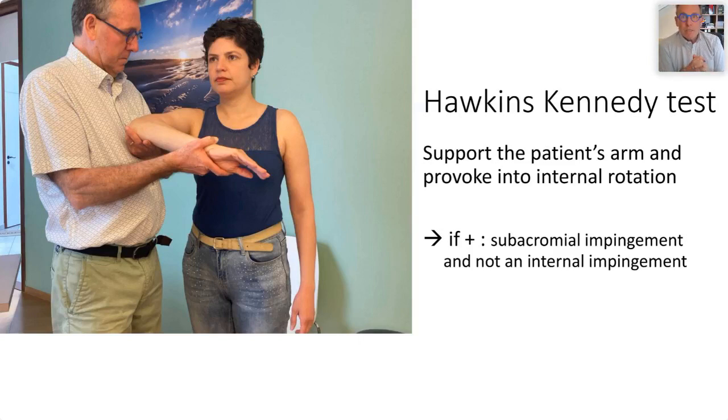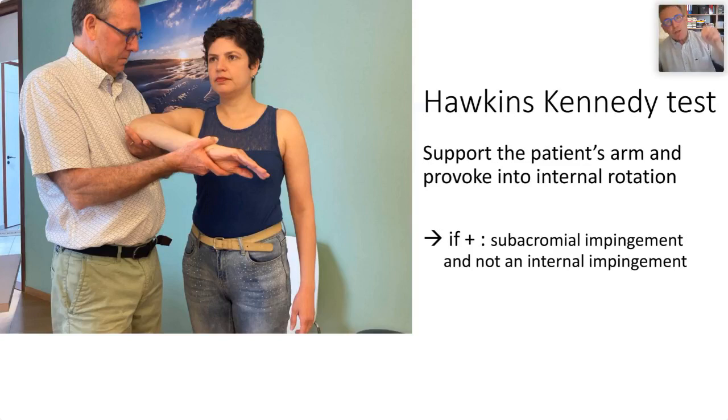Supraspinatus, infraspinatus, subscapularis, biceps, acromioclavicular joint, bursa. Wouldn't it be nice to have this kind of information, so that you have a more specific diagnosis, and more of an idea that I have to look in this direction instead of that direction? Then you can also target your treatment more in this specific direction.